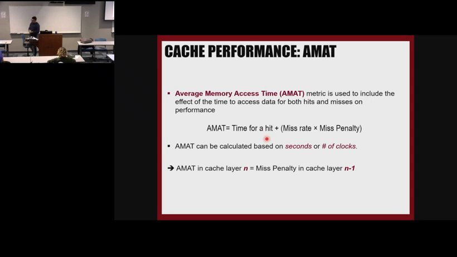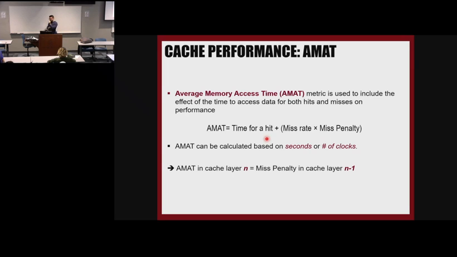The important thing with AMAT is, with the previous example, we kind of understood it. I can design questions in a way that has many layers, right? Something that you have to keep in mind is that the AMAT for layer 3 is the miss penalty of layer 2. Average memory access time for layer 2 is the miss penalty of layer 1, right?